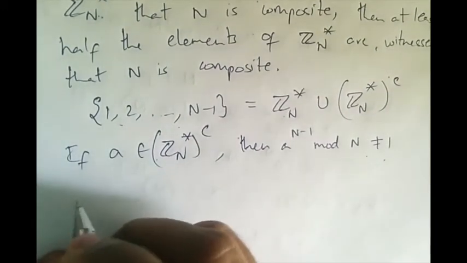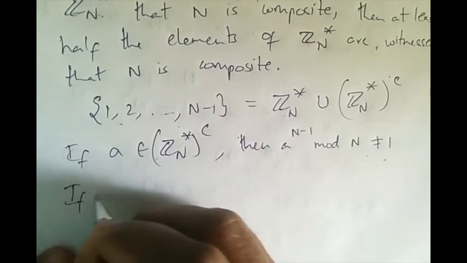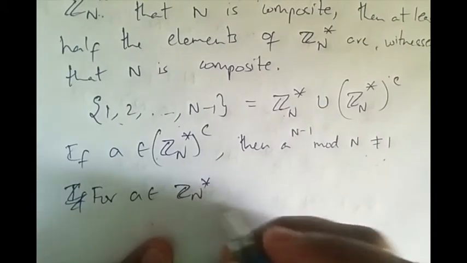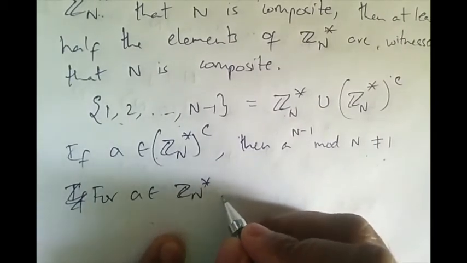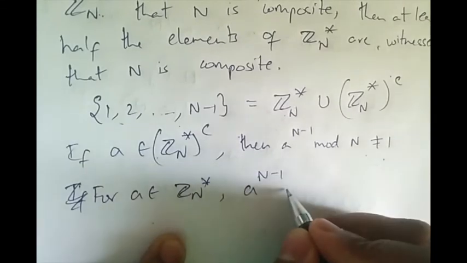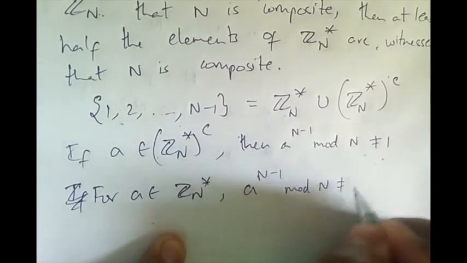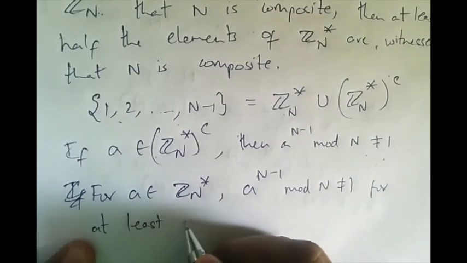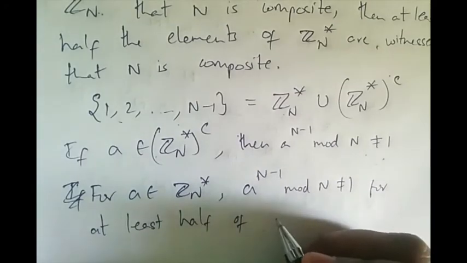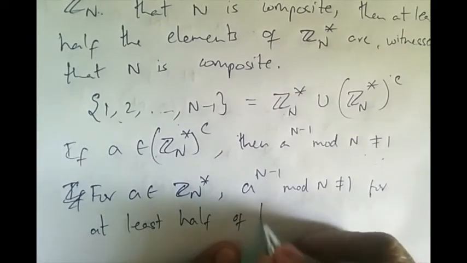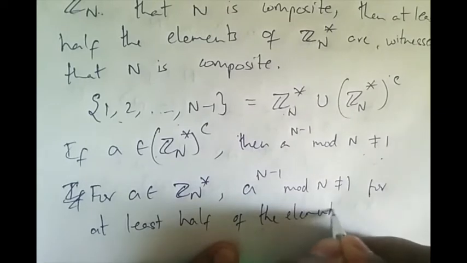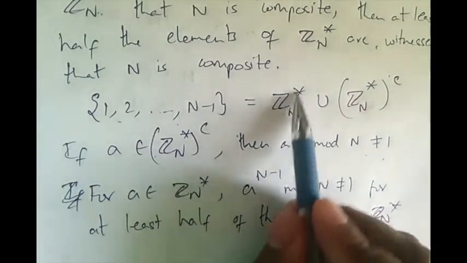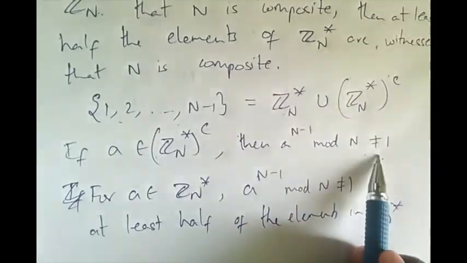So for a in Zn star, a raised to n minus 1 mod n will not be equal to 1 for at least half. So at least half of these have this inequality, and all of these have this inequality.